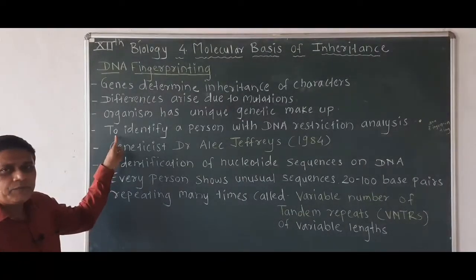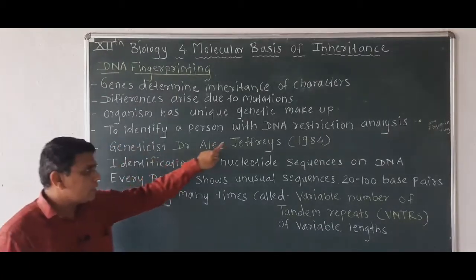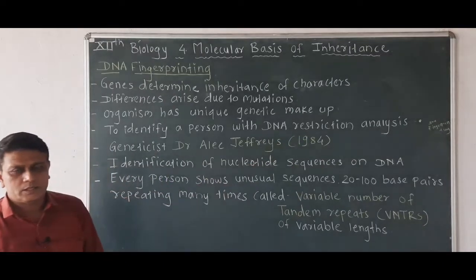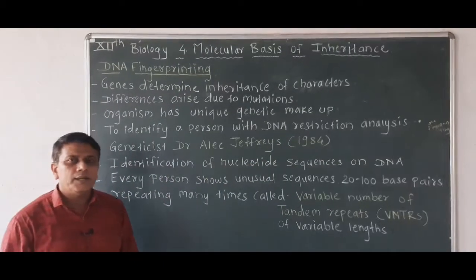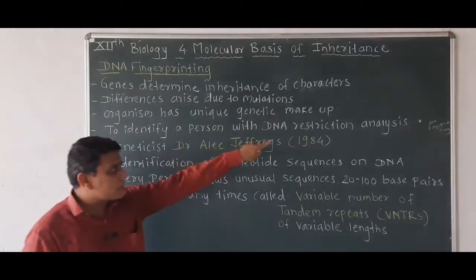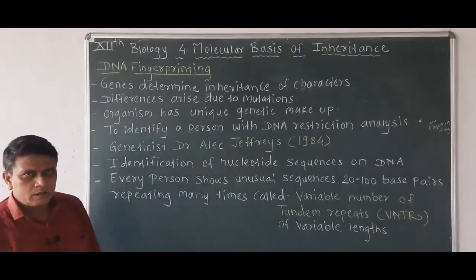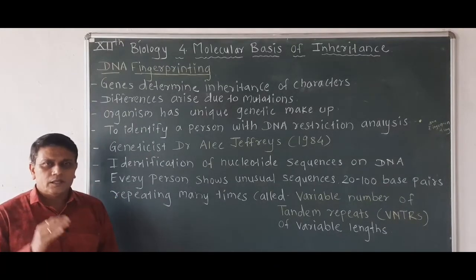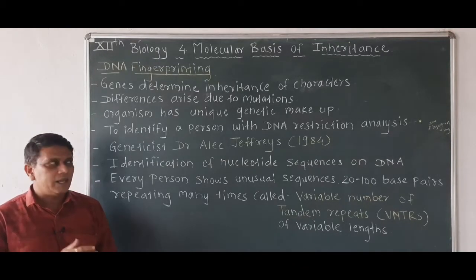Then to identify a person with DNA restriction analysis is called DNA fingerprinting. Now DNA restriction analysis means the DNA samples are collected, then they are cut into small fragments, then they are analyzed.